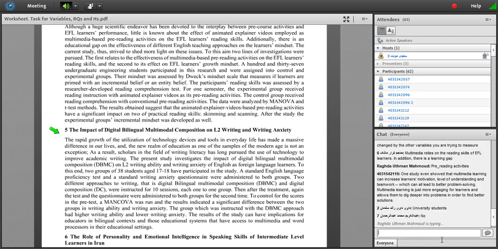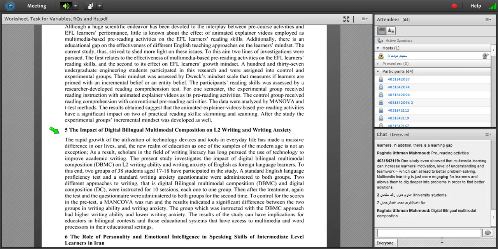Exactly. So in number 5, tell me the independent variable and the dependent ones. You can write in the chat box. What is the independent variable here? Exactly. Digital, bilingual, multimodal composition.